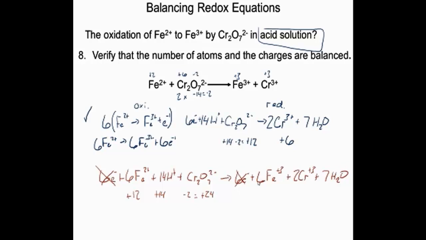On our right side, we have 6 times 3 is plus 18, and 2 times plus 3 is plus 6, and this adds up to plus 24 as well. So everything is balanced. We lost our electrons, so we know that 6 electrons are transferred, and those are the electrons that are used for creating electrical energy. And then our oxidation states are balanced. Everything is good.